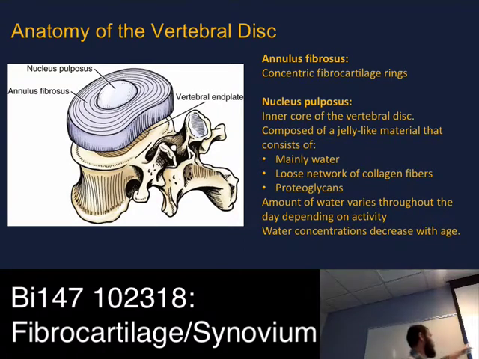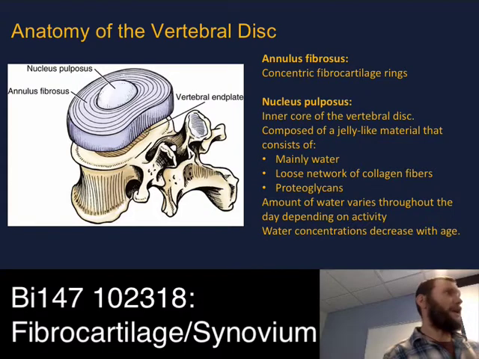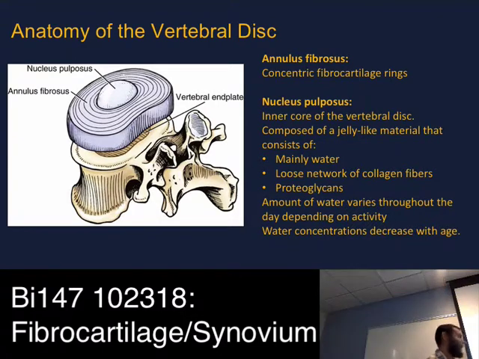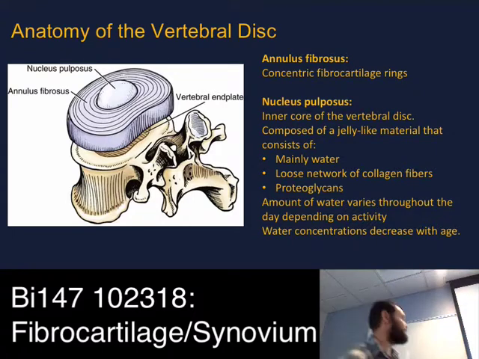Well, an annulus, when you take a cross section of a tree, a ring in a tree is an annulus. Each ring in a tree is a year that goes by. So the annulus is just these lamellar rings of fibrocartilage, and at the center of them is the nucleus pulposus.